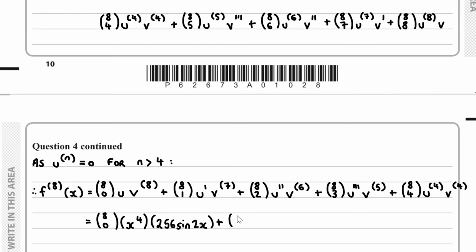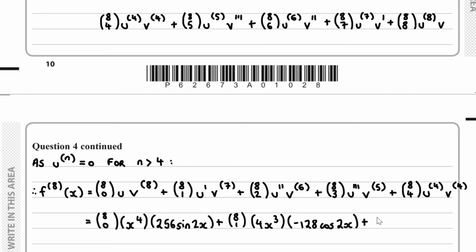And then we've got 8 choose 1 times the first derivative of u, which is 4x cubed, multiplied by the 7th derivative of v, which is minus 128 cosine of 2x.